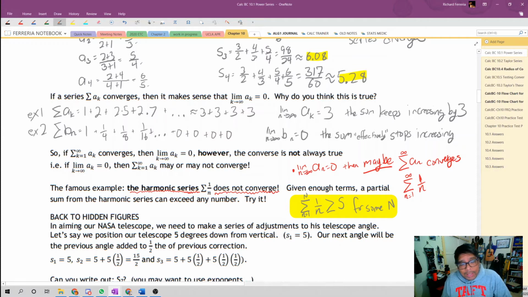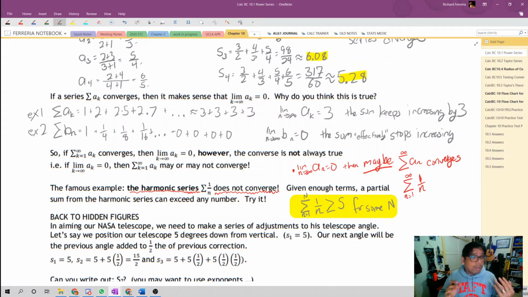And if I wanted to say 90, it's going to take a lot of terms, but this sum will eventually be greater than 90. And if I wanted 200, I'll need a heck of a lot of terms, but this harmonic series will eventually sum up to a number that's greater than 200.